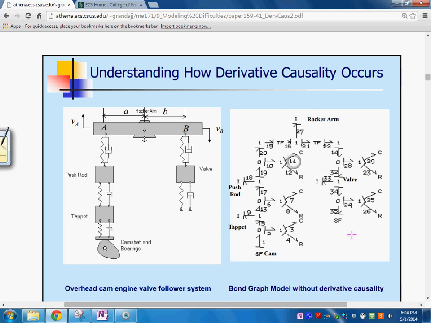This one is this one. And the same thing on the side. This is the I element over here. Then you have between the SF and the mass, this other structure, and between this and this, we have this. Any problems with this? No. Any derivative forms? No. Everything is really nice.